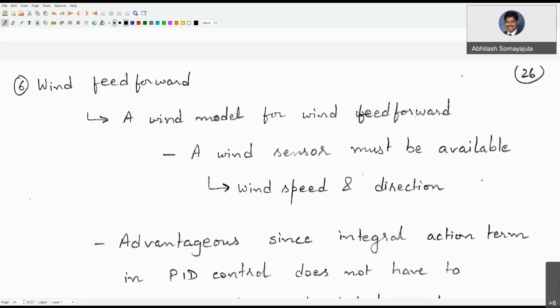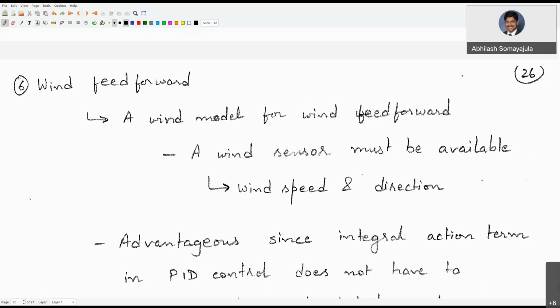Based on the wind speed and the direction, I'm anticipating that this much force will come and I'm counteracting it right away so that I don't deviate much from my course. So it's much faster. Whereas if I were to rely purely on the feedback mechanism, I have to deviate from the course, only then my feedback will kick in, trying to push me back into the same heading.